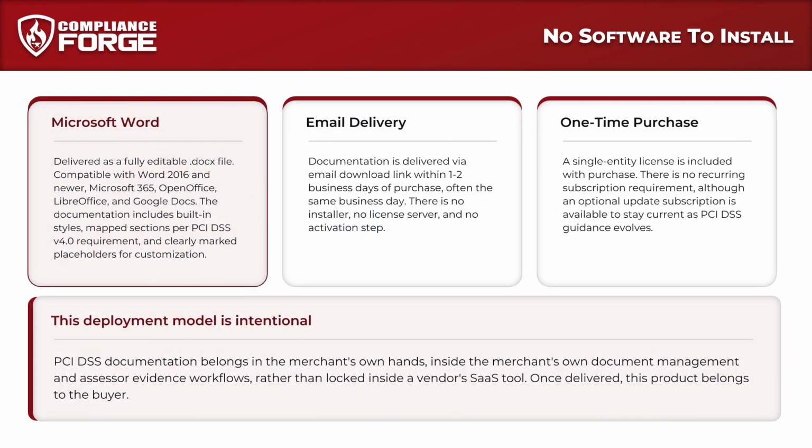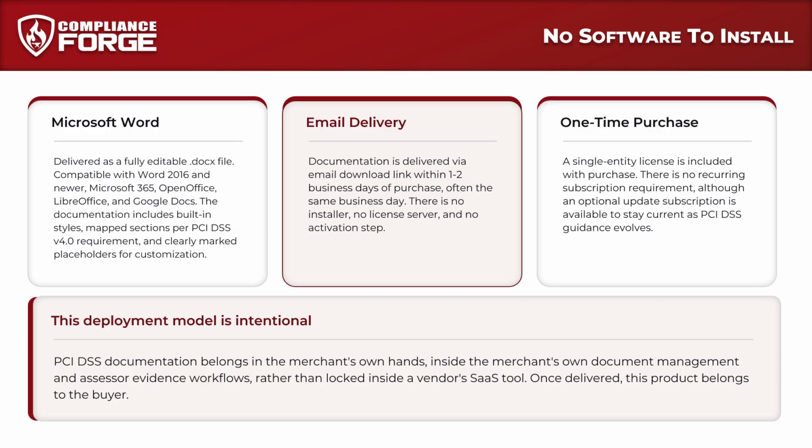It is delivered as a fully editable Word file, compatible with Word 2016 and newer, Microsoft 365, OpenOffice, LibreOffice, and Google Docs. The documentation includes built-in styles, mapped sections per PCI DSS requirement, and clearly marked placeholders for customization. Documentation is delivered via email download link within 1 to 2 business days of purchase, often the same business day.